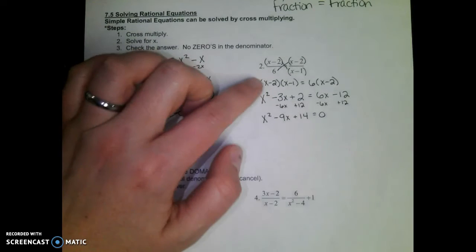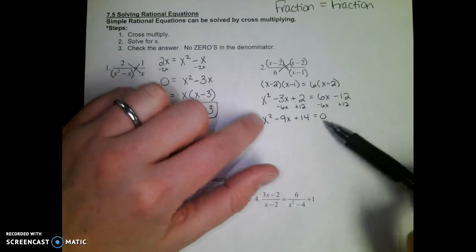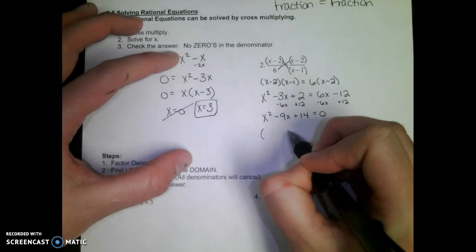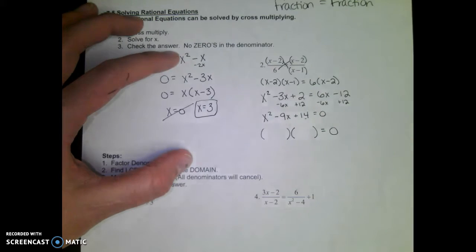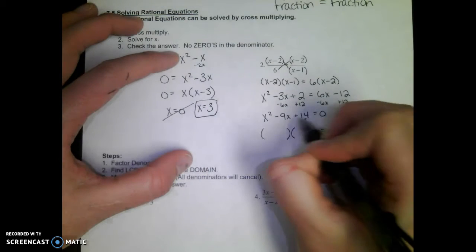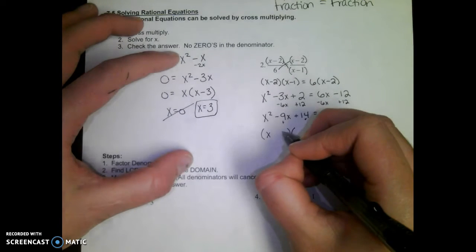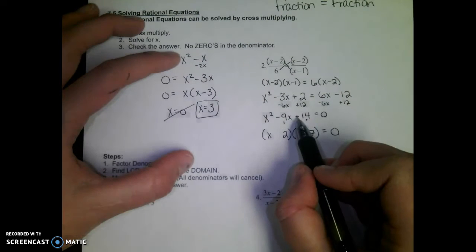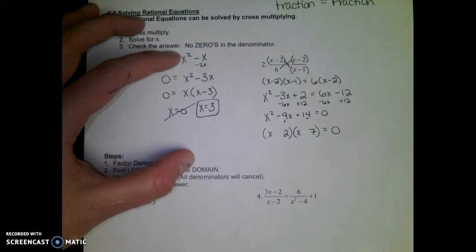So after you double distribute or FOIL, distribute, get 0 on one side, you should have x squared minus 9x plus 14. We need to factor that. So we're looking for two numbers that multiply to give us 14 and add up to negative 9. It's probably 2 and 7. In order to get positive 14, they either both need to be positive or they both need to be negative.